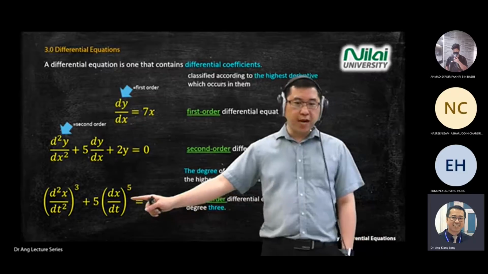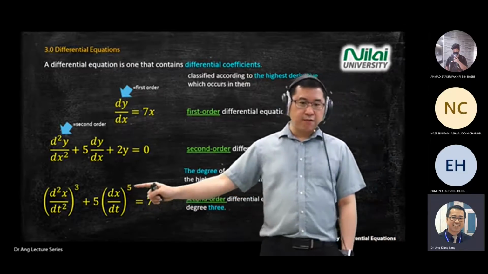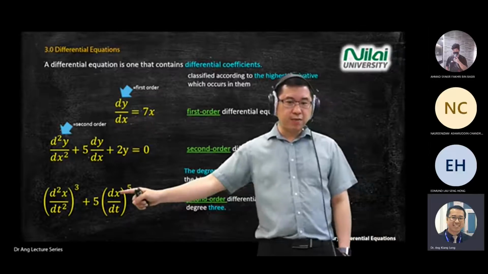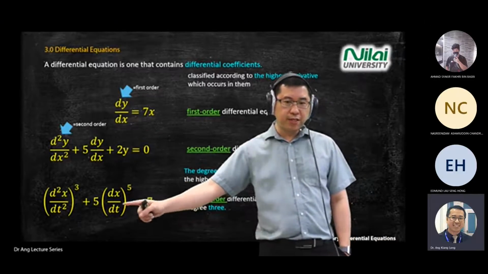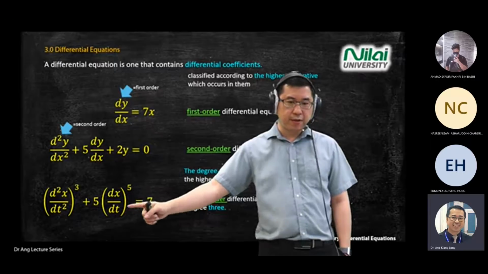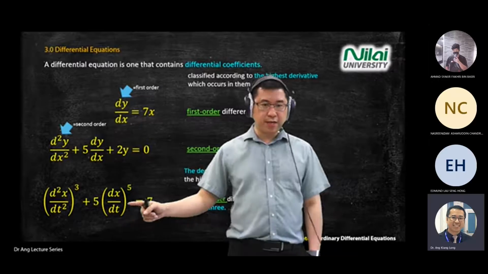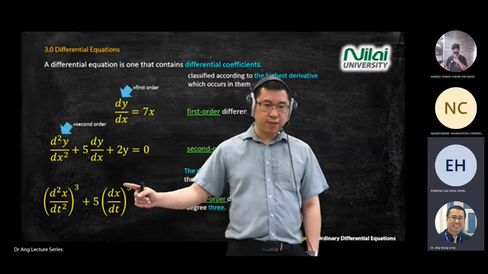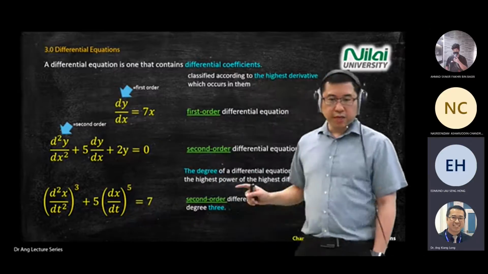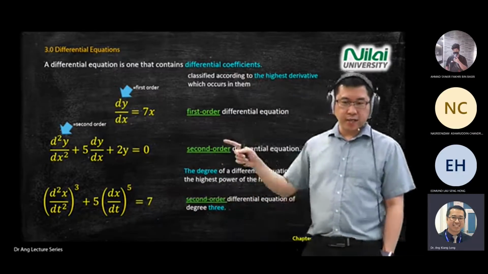Why do we not look at 5? Because the 5 here, inside this one, is only first degree or second degree? This one is first degree. So for the name of the equation, we look at the highest order.